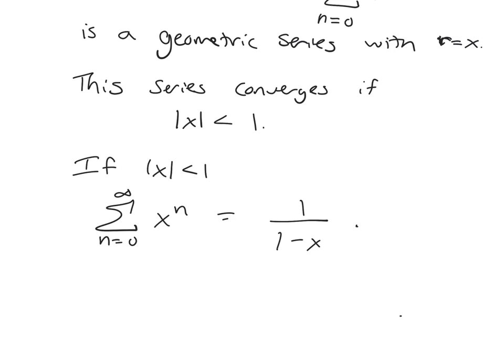So what we've done is we've represented this function on the right, 1 over 1 minus x, as a power series, but only if x is between -1 and 1. So this is what we're talking about when we're saying finding representations of functions as power series. Here's my function, and here's a power series that represents that function in some interval.